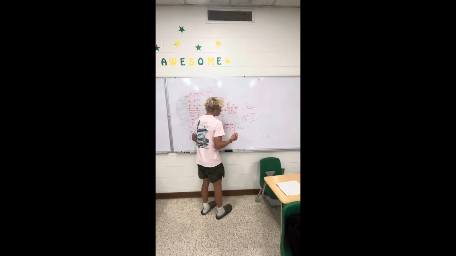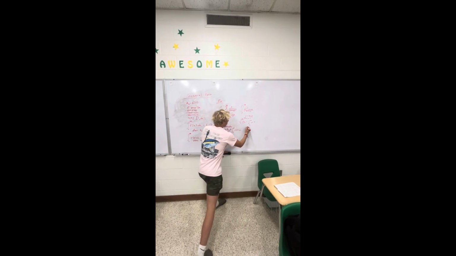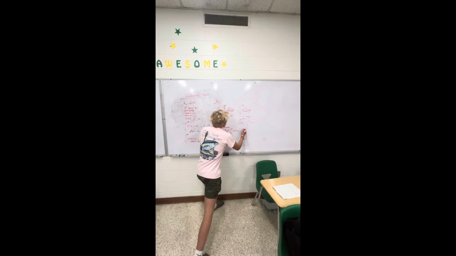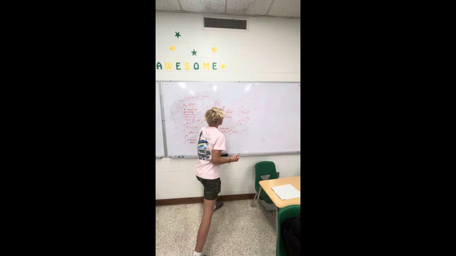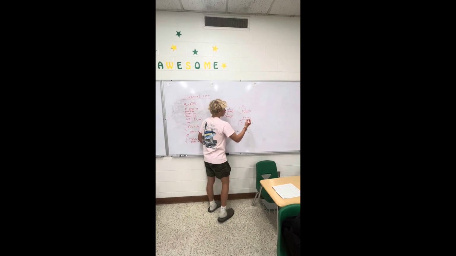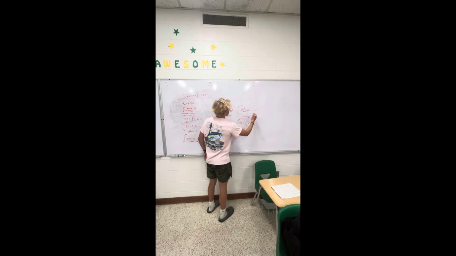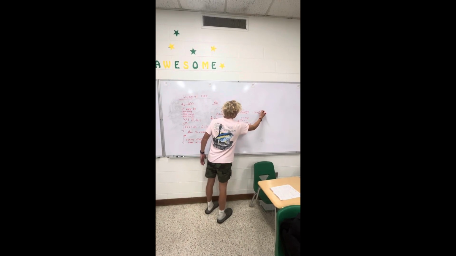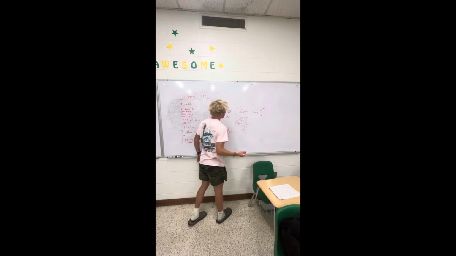If we're going to take the integral, we do the power rule: negative u to the negative 1, which is negative 1 over x plus 2, evaluated from 1 to infinity.